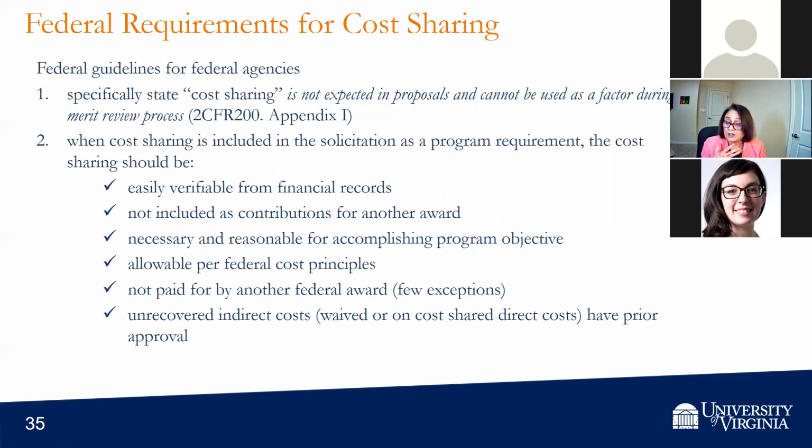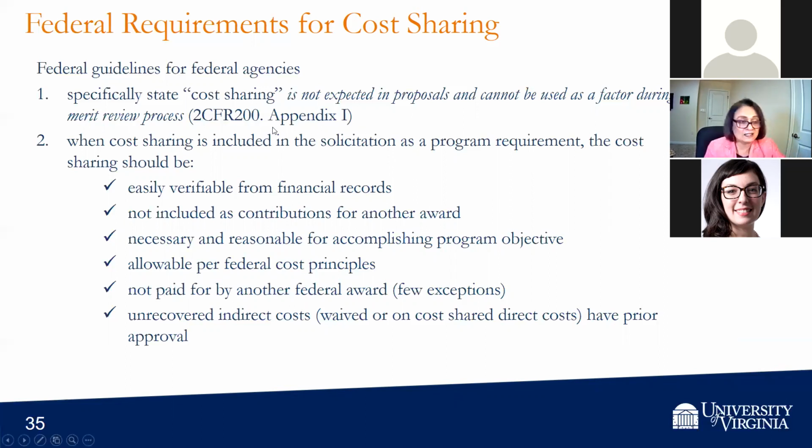The proposal peer reviewers would look at that and say, this school has the money, so we should award this proposal to this school. So the government has now decided that we are not going to use cost sharing as a factor during the merit review process unless it is a part of the proposal solicitation.